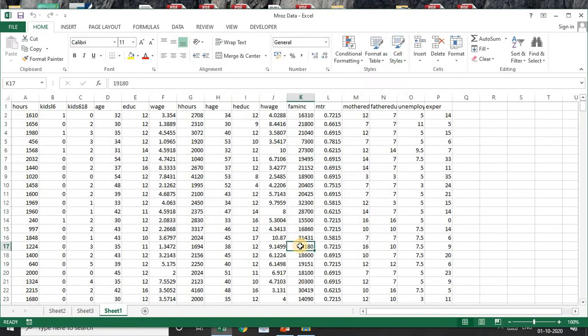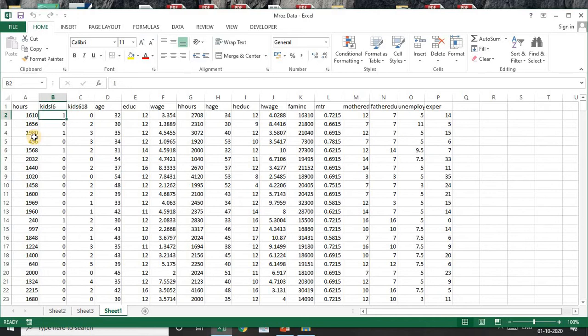Look at this data. This is for the first woman. She worked around 1610 hours in 1975.